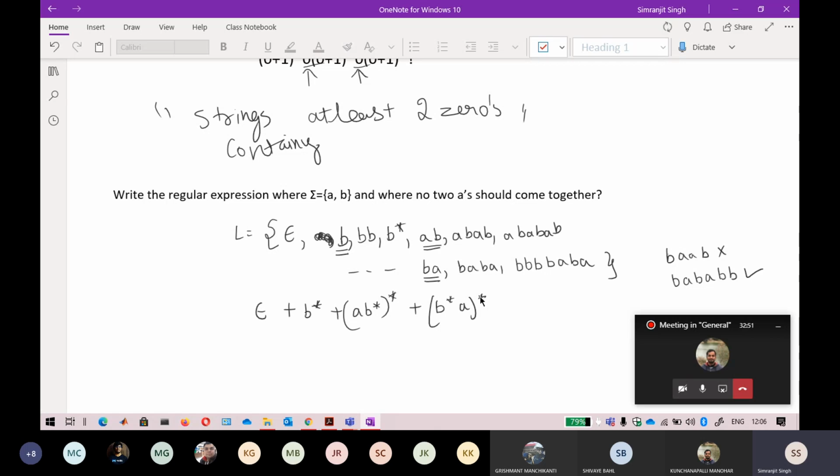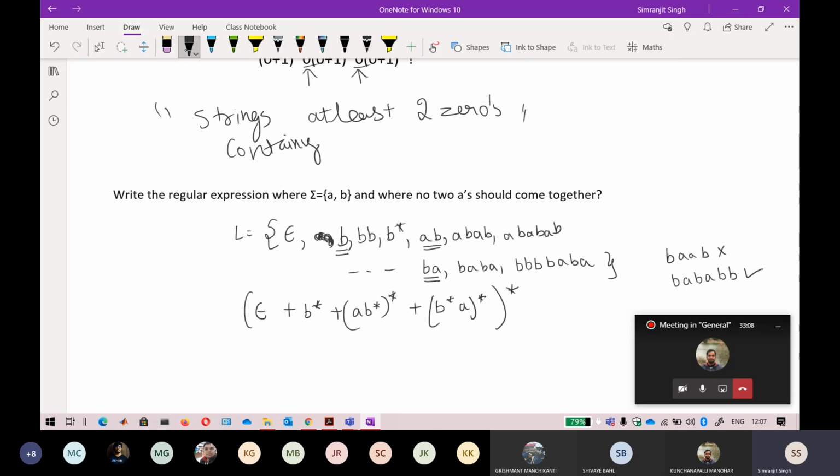Let me check whether the expression is correct or not. First of all, because there is no star on it, I think Mayank means to add a star on it. If you add a star on it, then only you can repeat this. Let me take out one or two strings.